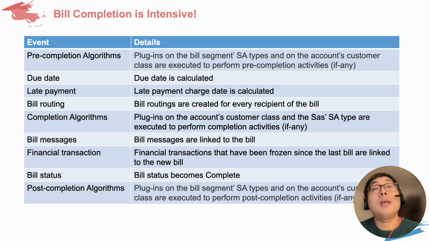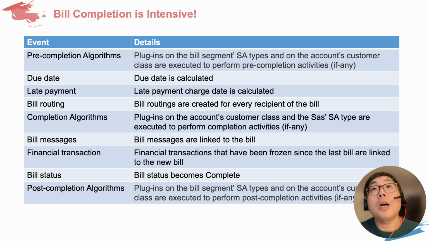The second thing is it calculates the due date, so when the bill needs to be paid, and this is actually a key attribute in the credit collection process. Next one, late payment.